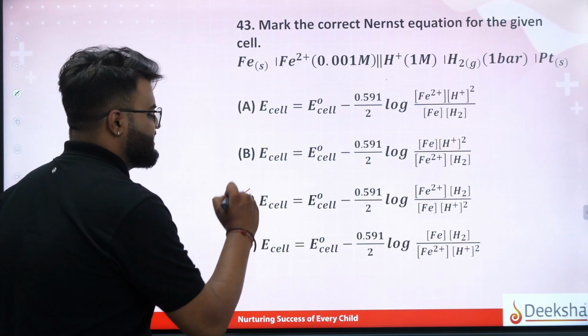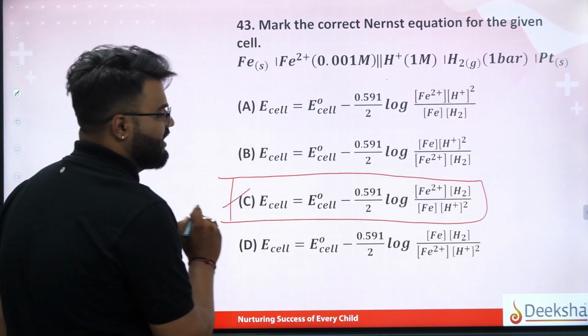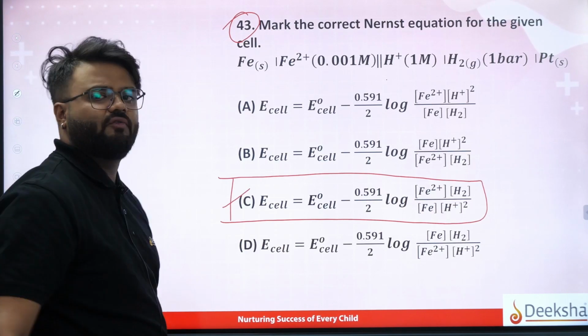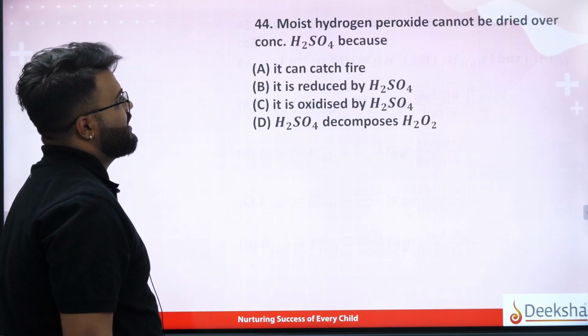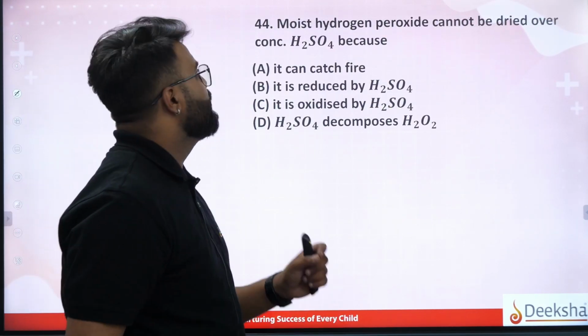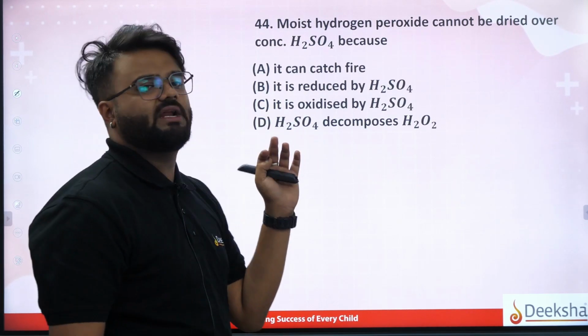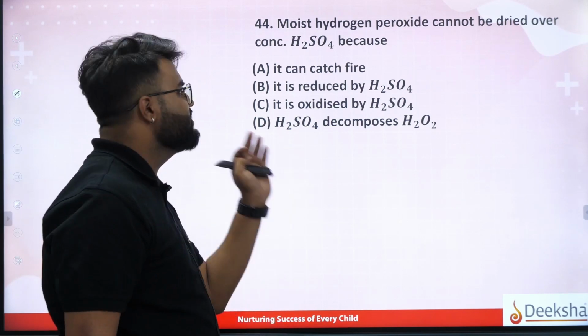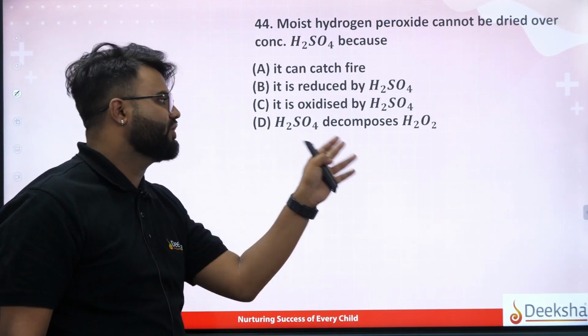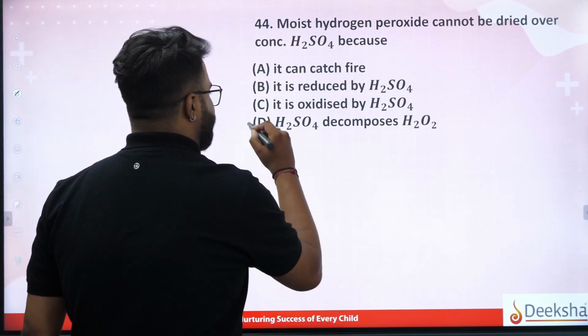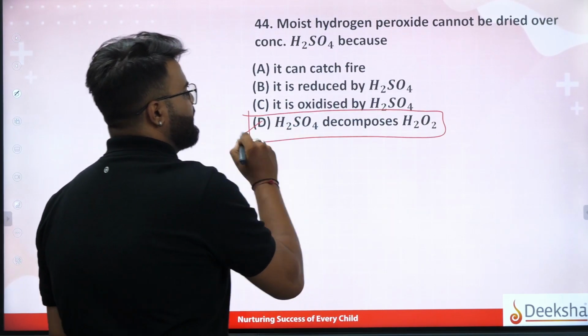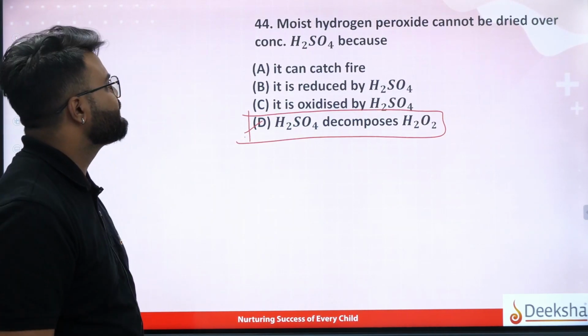That is option C for question number 43. Okay. Coming back to question number 44, moist hydrogen peroxide cannot be dried over concentrated H2SO4. We know that concentrated H2SO4 decomposes hydrogen peroxide. So option D will be your correct answer.